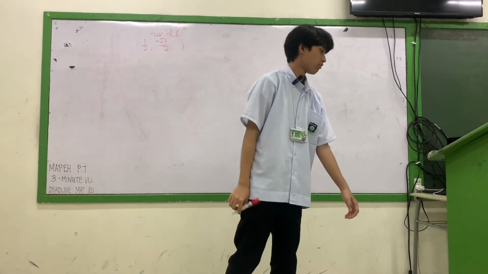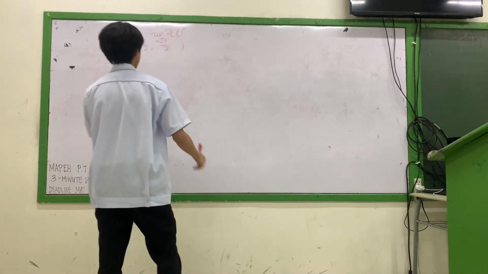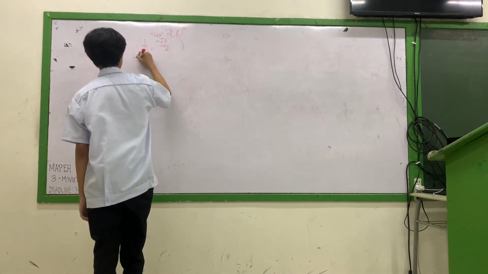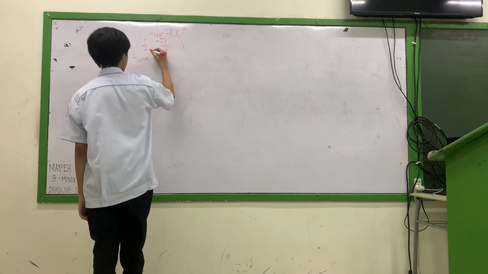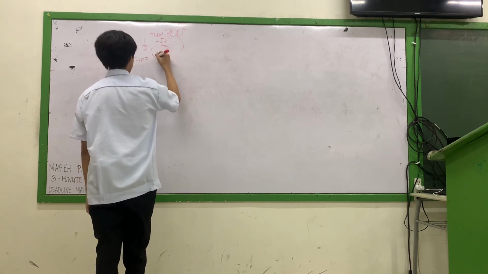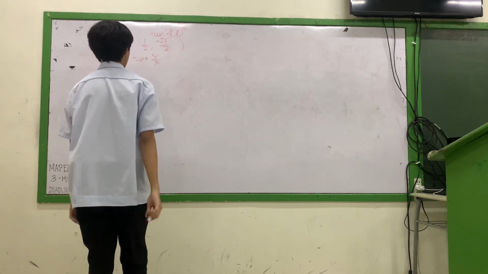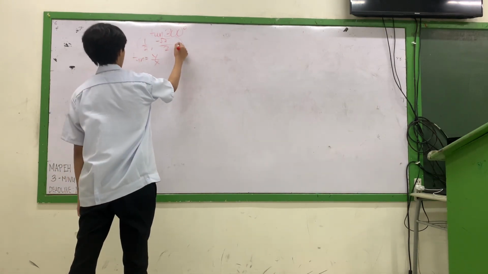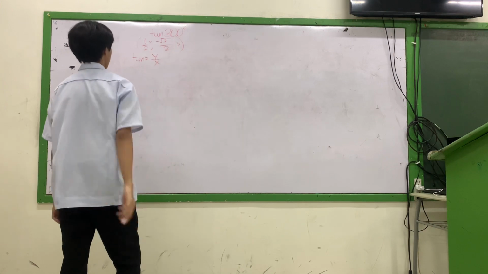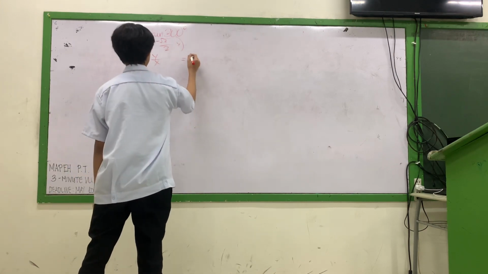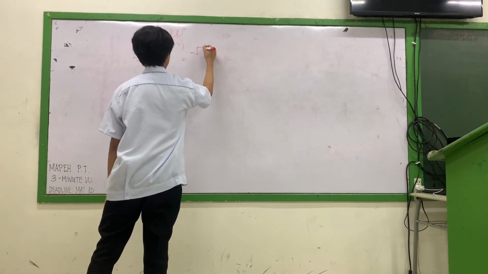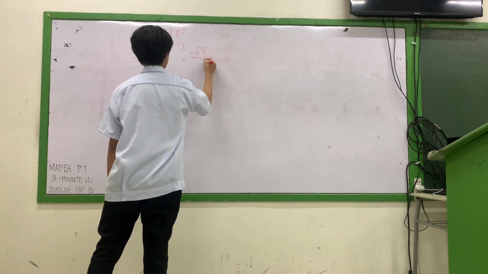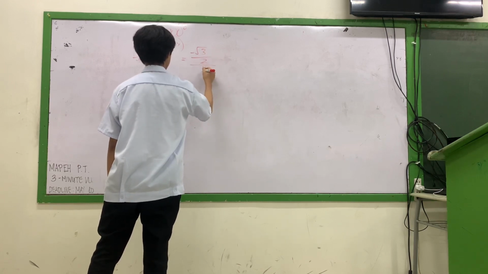Now, tan is found by y over x. We just need to do simple substituting then. This is our y and this is our x. So that would equate to negative square root of 3 over 2 over 1/2.